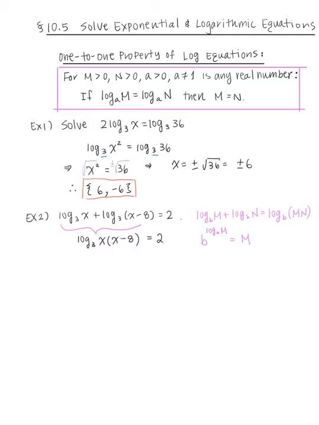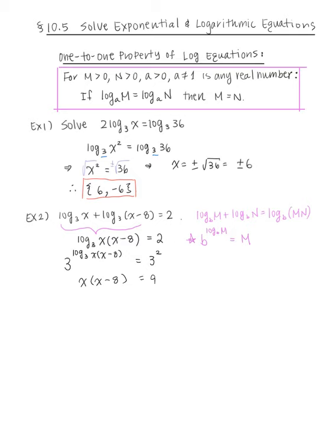I'm going to raise 3 to the log base 3 of x times x minus 8. If you raise the left-hand side over 3, you better do the same thing on the right-hand side, so I'm going to have 3 squared. Using this property, we get x times x minus 8 equals 9.